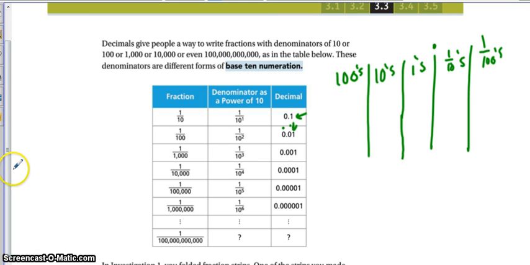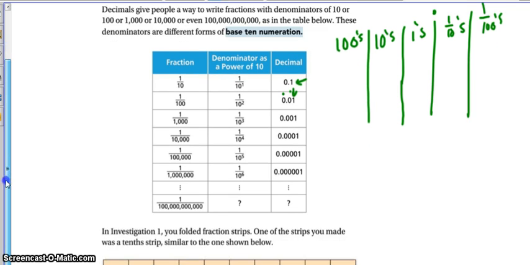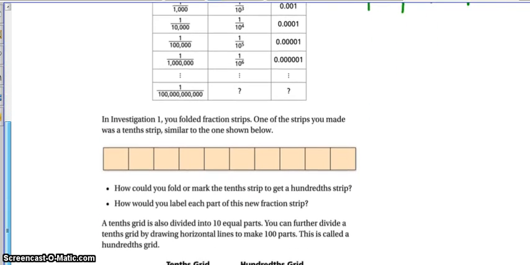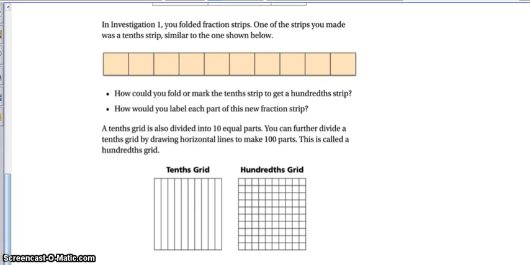So moving forward, we are going to look at a fraction strip, kind of like the ones we did a few investigations ago. What we have here is a 10th strip, and we need to think about how we could make that 10th strip into a 100th strip. So essentially what we're doing is taking each one of these tenths and cutting it into 10 equal pieces, which is a little kind of hard to do with my marker size here.